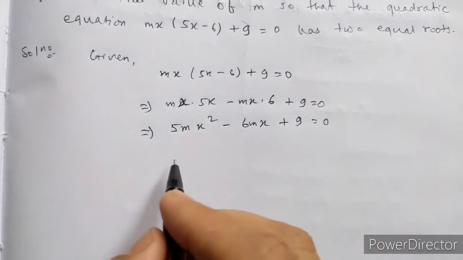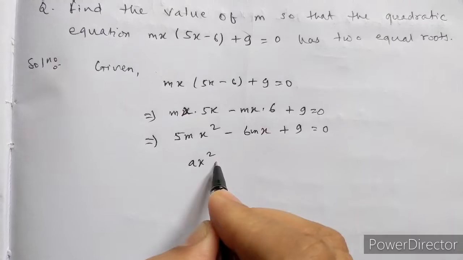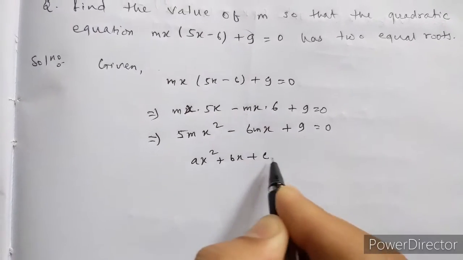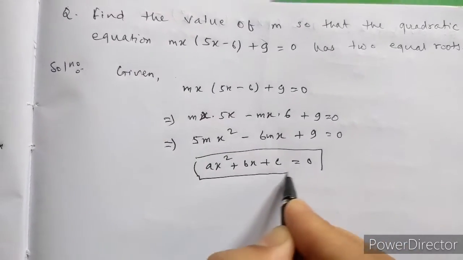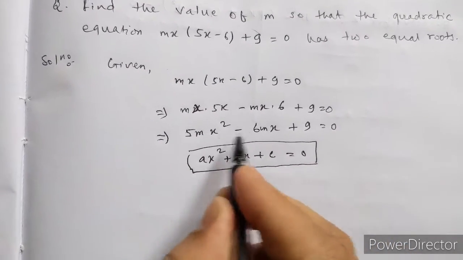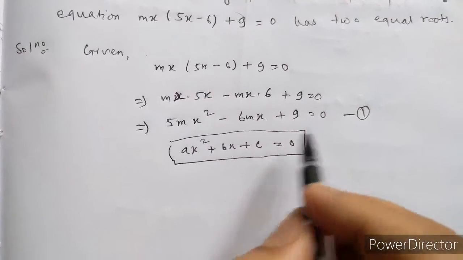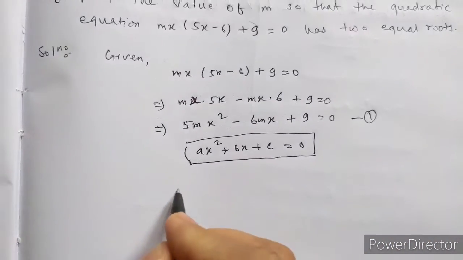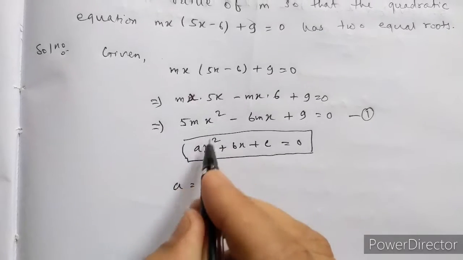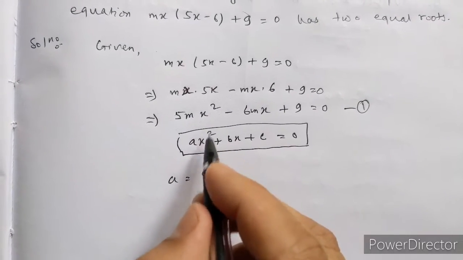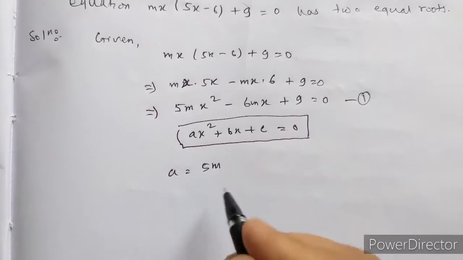So I can correlate this equation with the general form of the quadratic equation, ax square plus bx plus c is equal to 0. This is equation number 1. By comparing this equation with the general form, I can write a is equal to 5m, because x square is the same in both equations, but in place of a in this equation, it is 5m.